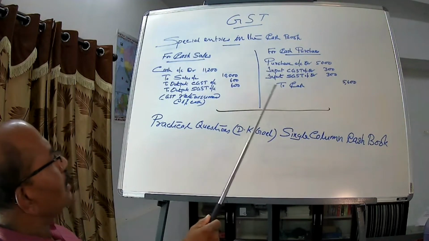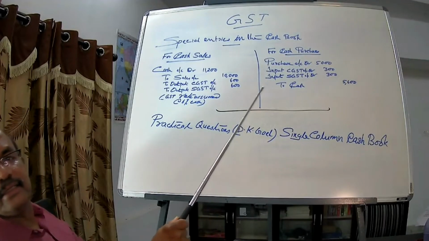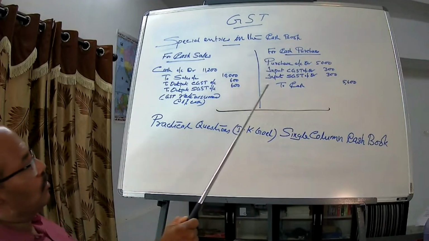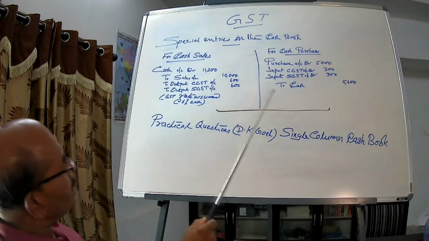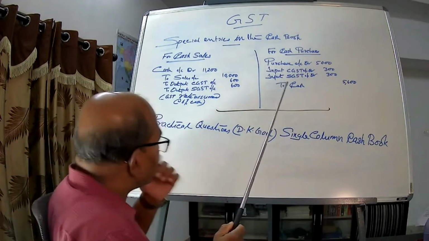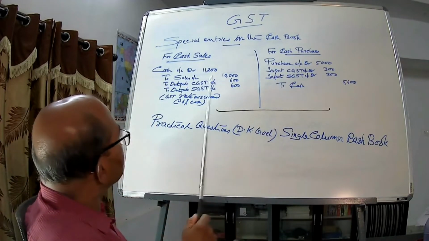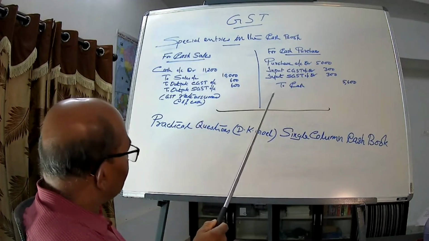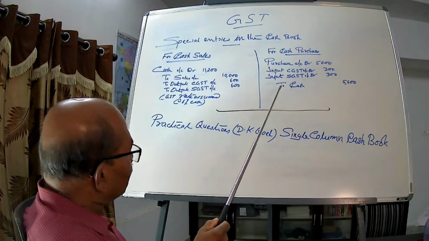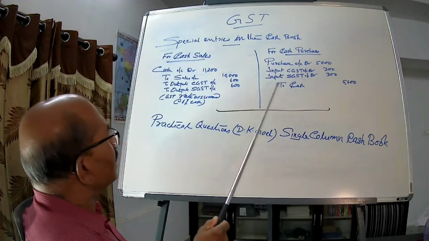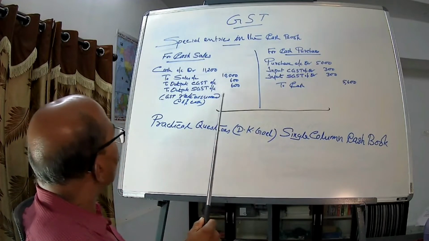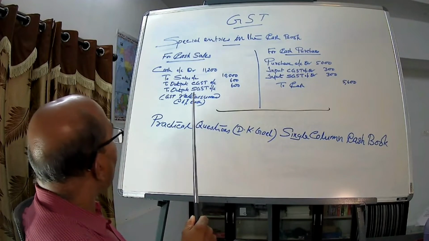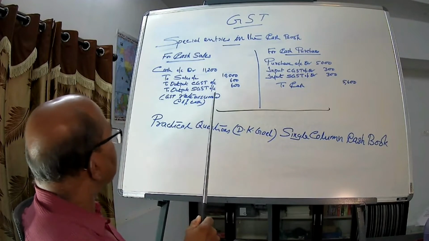There is a provision in the GST Act that we can adjust this input credit against your output liability. Or in other words, input GST is an asset that can be used to set off your output GST liability.